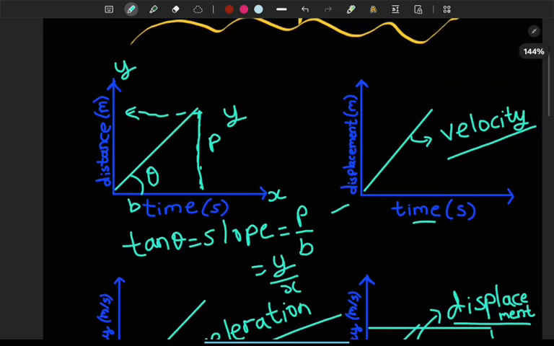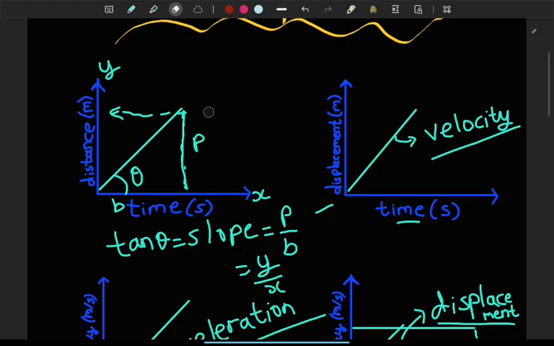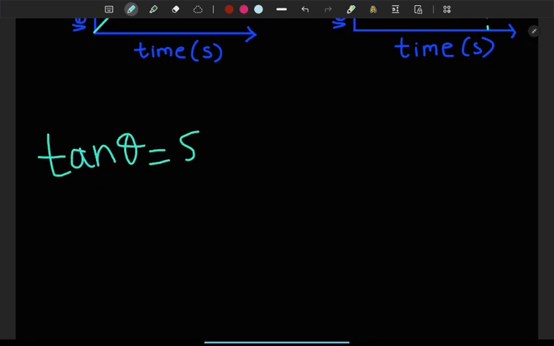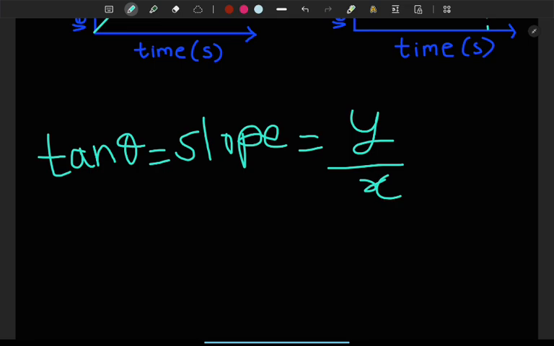For example, if I take the example of the distance time graph, here we got to know that tan theta equals slope, which is equivalent to y upon x.